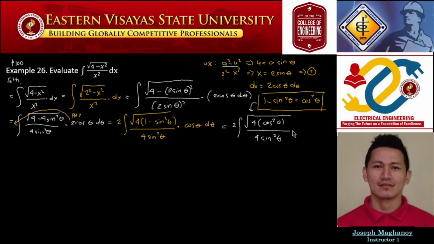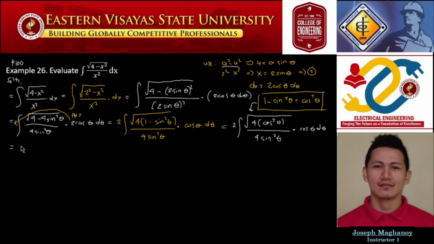Then our remaining cosine theta d theta. Okay, so we further simplify. If we distribute the radical inside, we need to eliminate this radical.